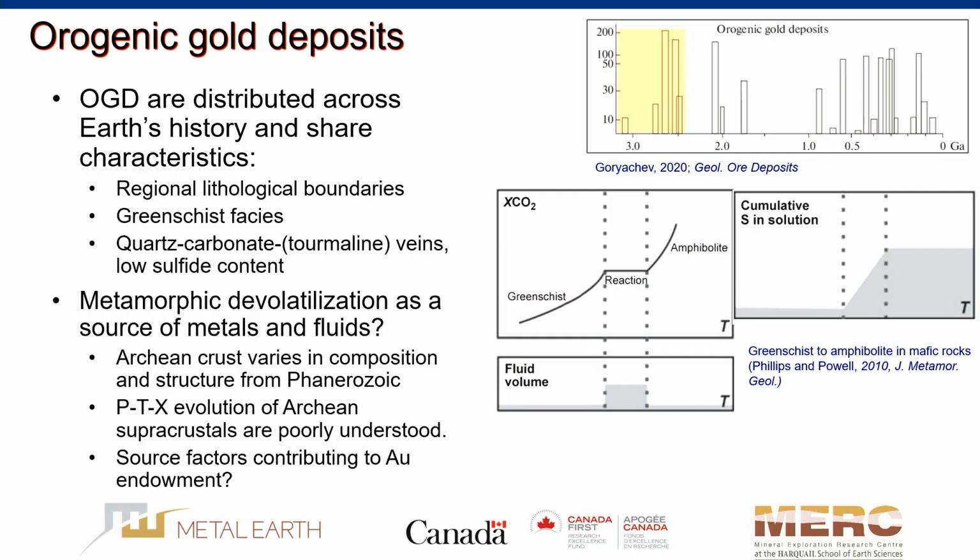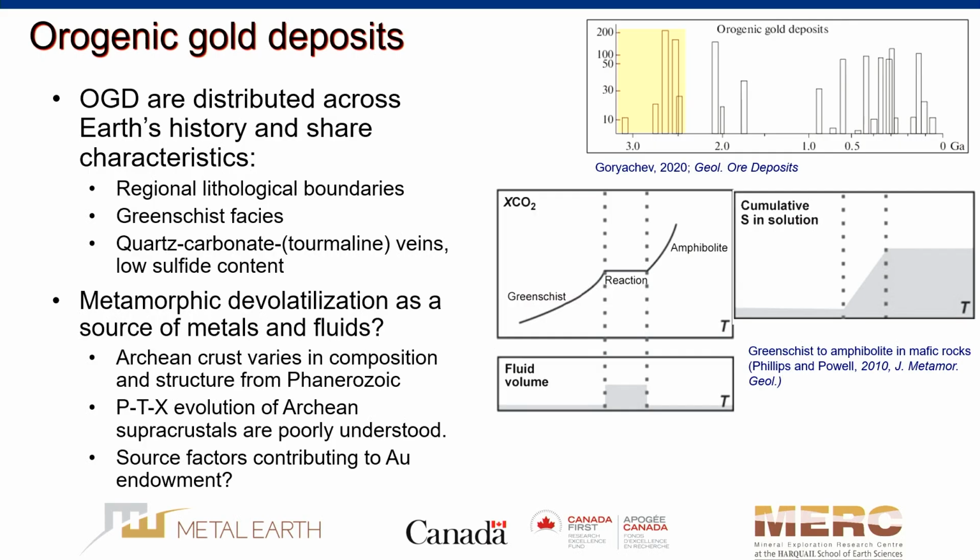The metamorphic evolution of Archean supercrustals is generally a bit underdeveloped, especially the relation between temperature, pressure, and composition. So it's really hard to have a complete model without knowing these, the structure of the crust, the isograds, and the relationship between composition, temperature, etc.